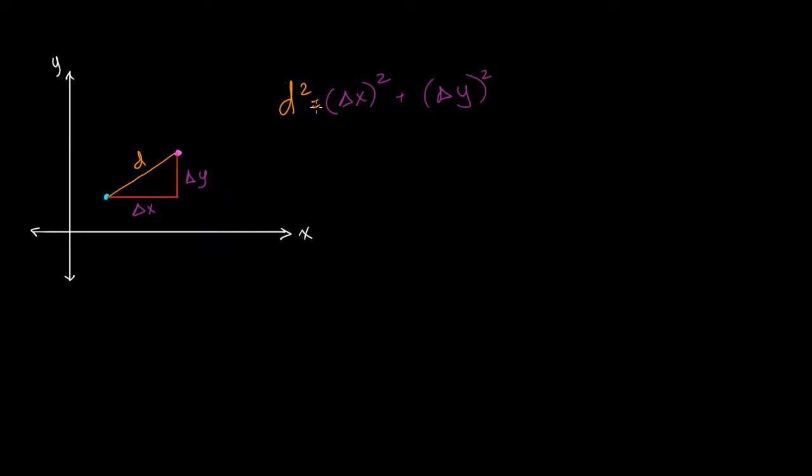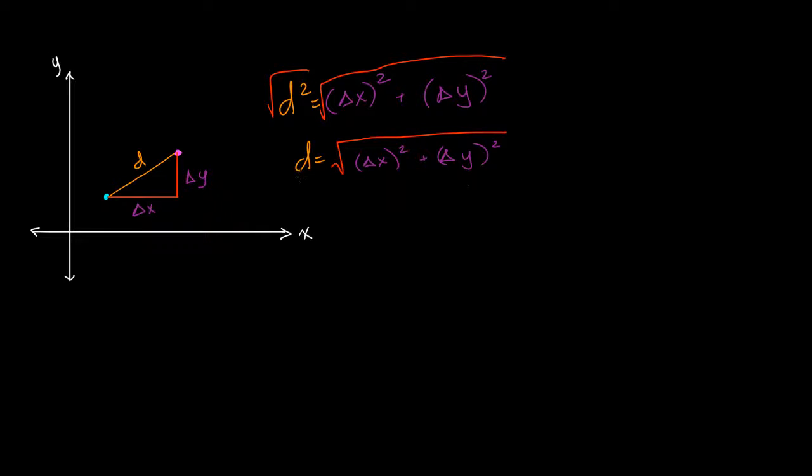So in order to get just the distance, we would have to take the square root of both sides. In doing so, we would get the distance: D equals the square root of this quantity, the change in x squared plus the change in y squared.